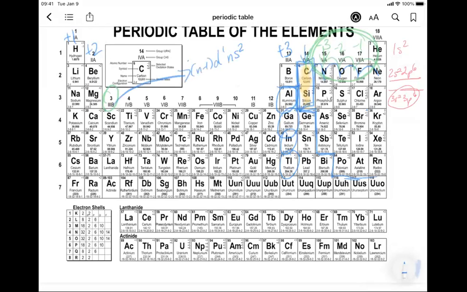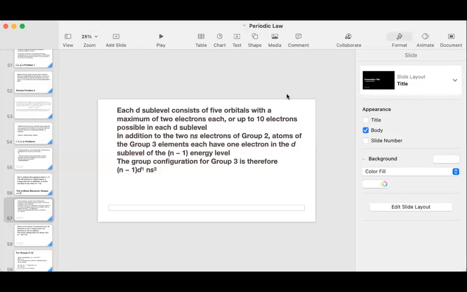Let's say for period 5, group 3, you would take the 5 and substitute that for n. So that would be 4d1 5s2. That's all that means. You probably won't often see group configurations, but it's good to go through them so that you understand how configuration works when it comes to the periodic table and the groups.